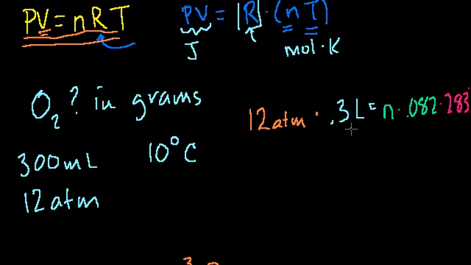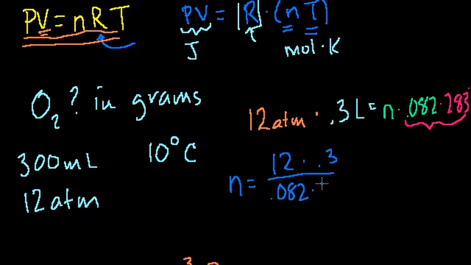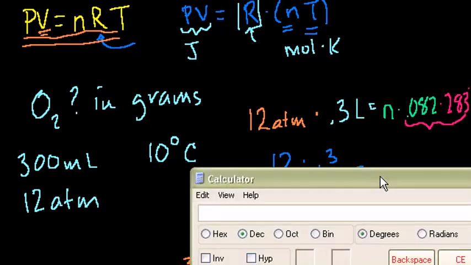To solve for N, we just have to divide both sides of this equation by this right here. And so we have N is equal to 12 atmospheres times 0.3 liters divided by 0.082 times 283 degrees. And our answer will be in moles.